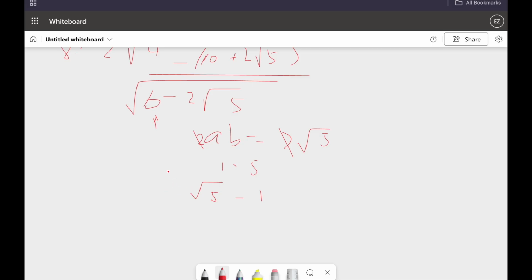So here we simplify to square root 5 minus 1, and here we get 8 minus 2 times square root 5 minus 1.